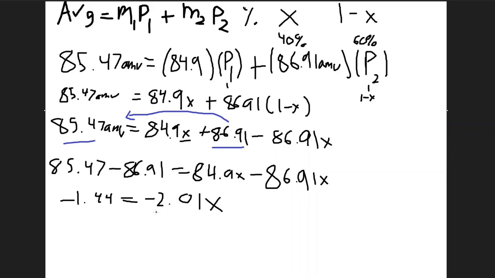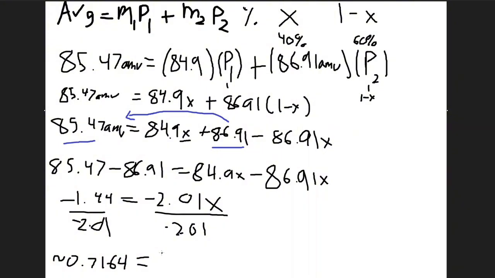Now, divide both sides by negative 2.01, and we can put this into our calculator. This gives us roughly 0.7164, that's just the first 4 digits, equals x.